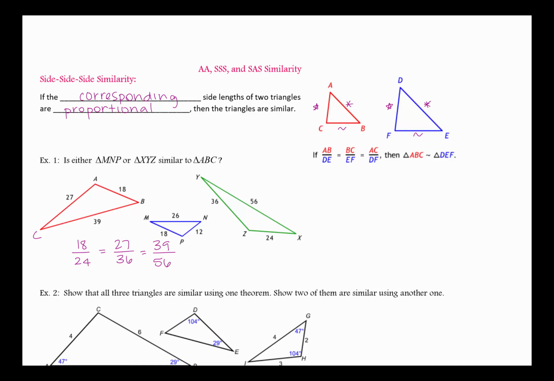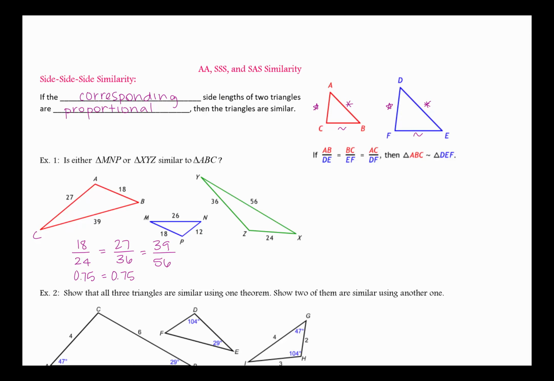So let's see what we have here. 18 over 24 and 27 over 36 both reduce, then we can check to see if 39 over 56 reduces. In my calculator, I put in 18 over 24, and that reduced to, as a decimal, 0.75. 27 over 36 also is 0.75, so we're good so far.